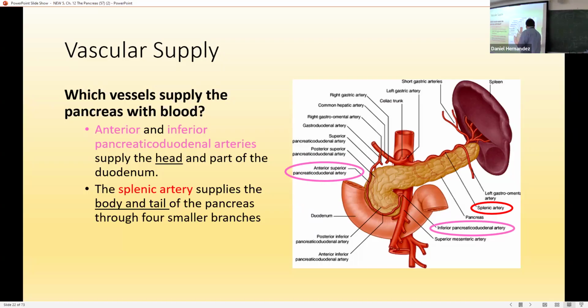Coming down, I'm sorry, so that's the anterior pancreaticoduodenal artery. We have an inferior pancreaticoduodenal artery that's actually a branch that comes off of the SMA.